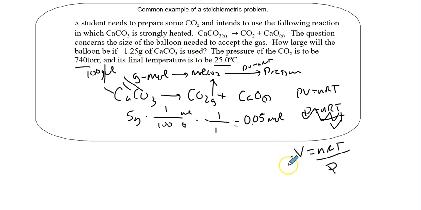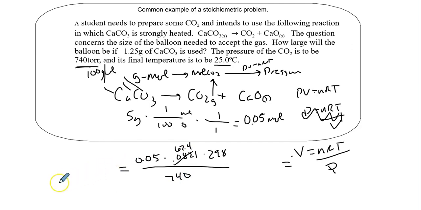So we're going to say our container can change, but we want to have a certain pressure. So it's going to be 0.05 times 0.0821 times 298 divided by the pressure, which is, they're doing torr here. So let's swap this out to 62.4 and put our torr in here, 740.